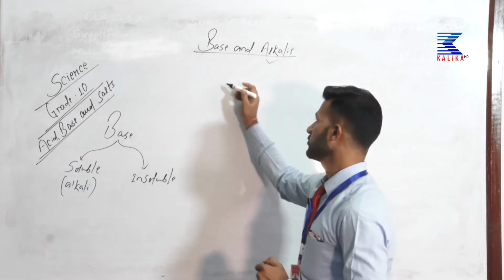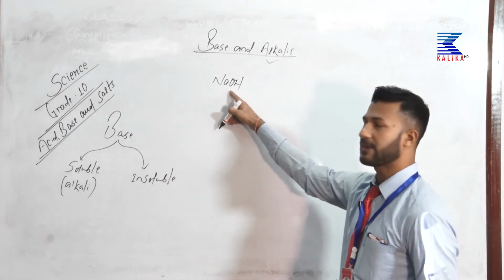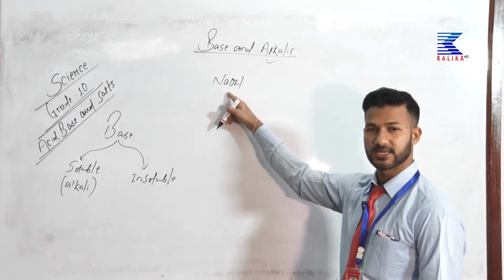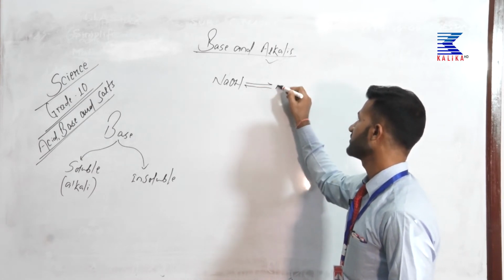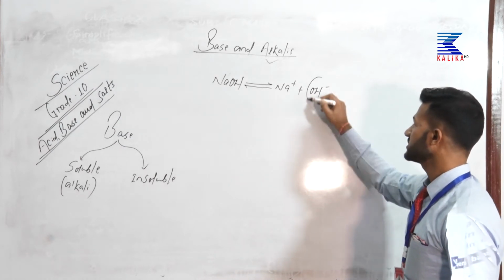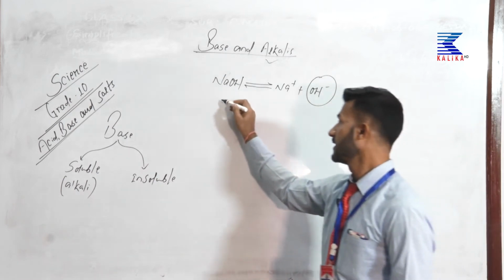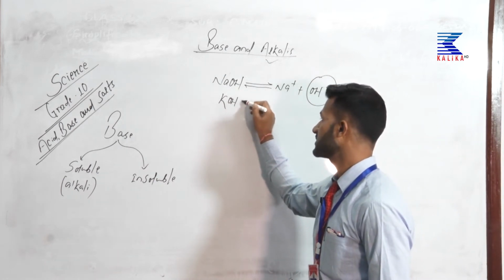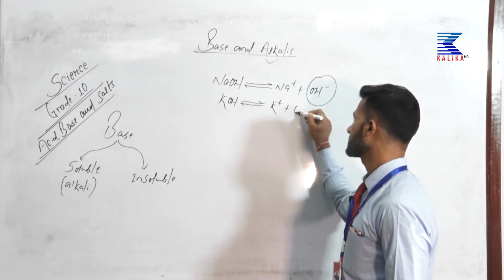Likewise, soluble base NaOH. Look, this is sodium hydroxide, a soluble base, alkali. When it is dissolved in water, it produces hydroxide ion. You can see here, this is hydroxide ion, and this property makes it alkali. Likewise, another example of a soluble base, potassium ion plus hydroxide ion.